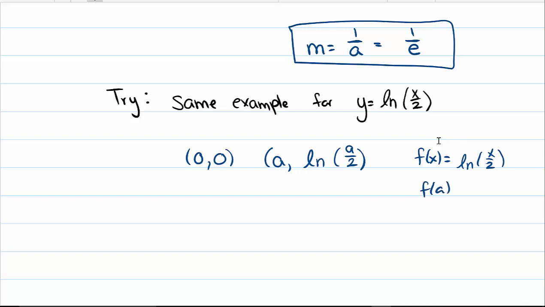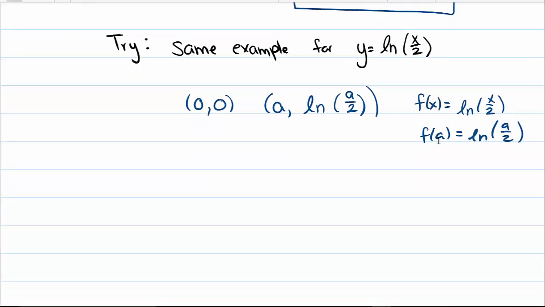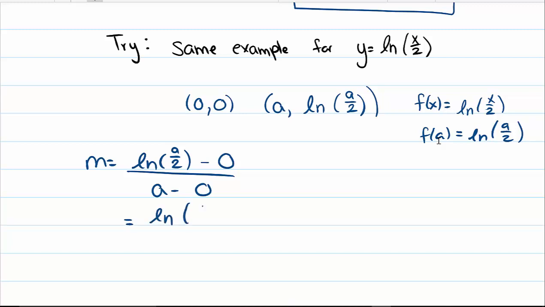So f of a is ln of a divided by 2. So now that we have 2 coordinates, we can find slope. So we know that m is ln of a divided by 2 minus 0 divided by a minus 0. And we get ln of a divided by 2 divided by a.